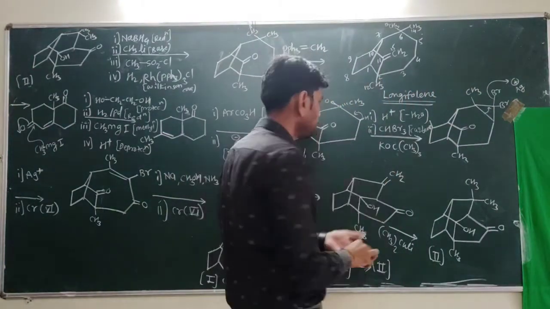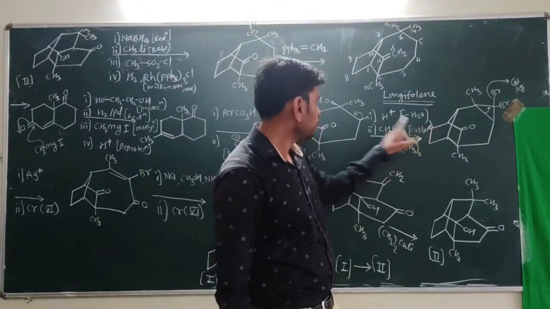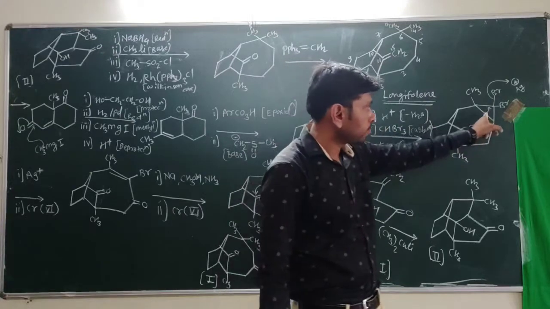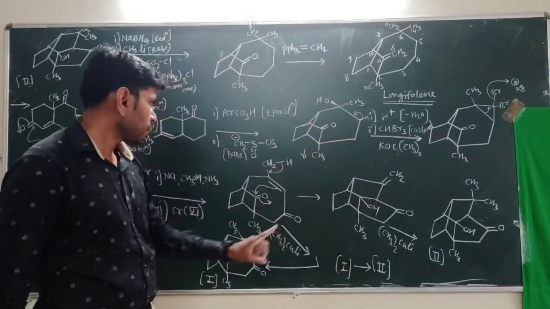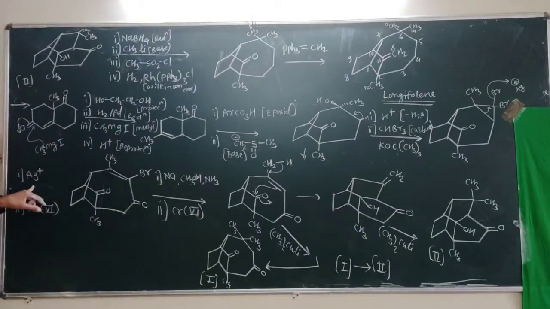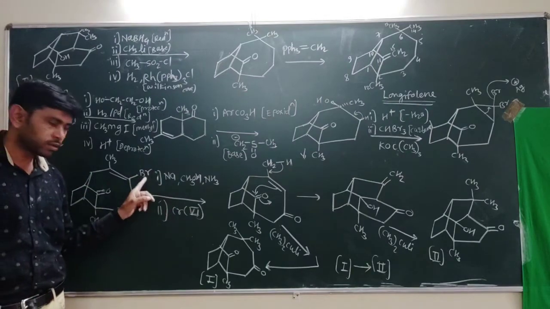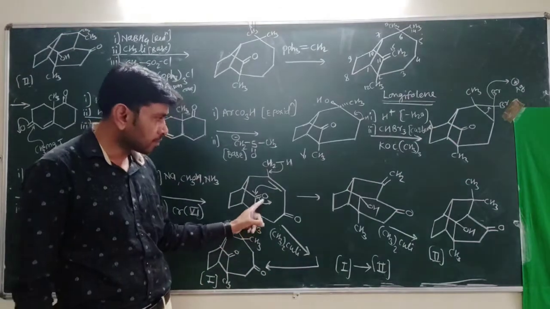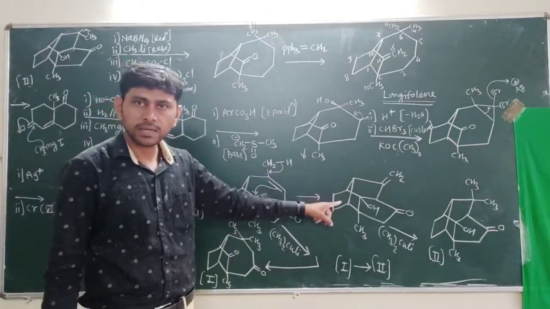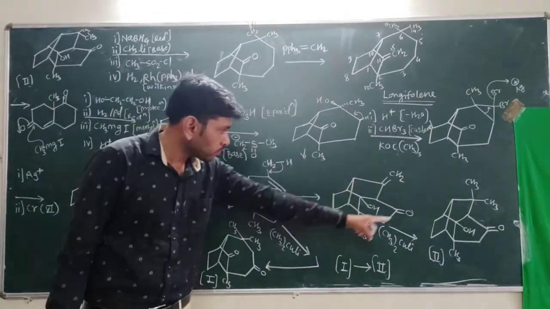So this reagent, potassium tertiary butoxide, is used, and we obtain the product, that is ring expansion. Next, Ag plus is used for removal of Br minus, one Br. After that, we remove the second Br, and we obtain a tetracyclic compound from the tricyclic compound.